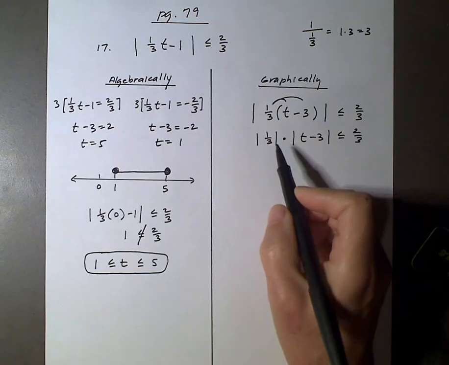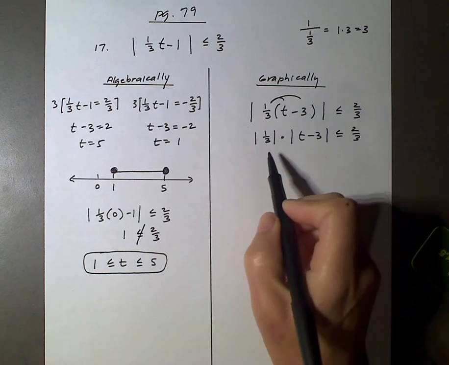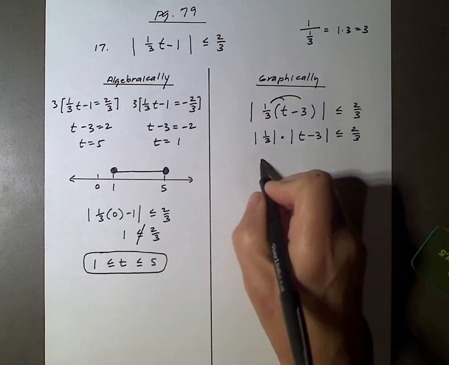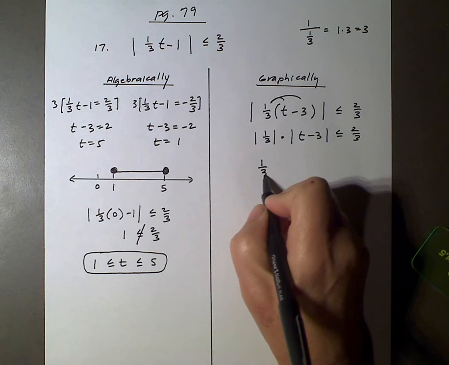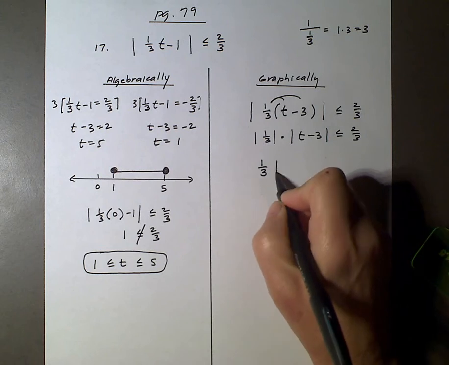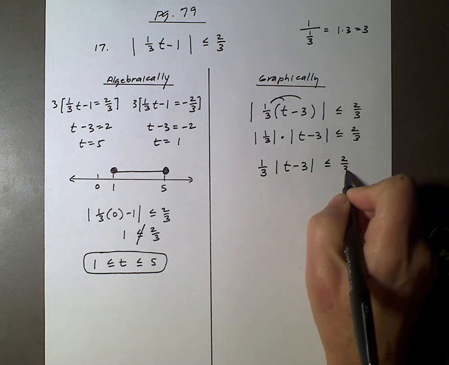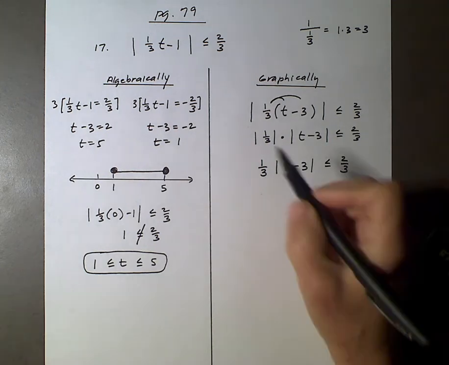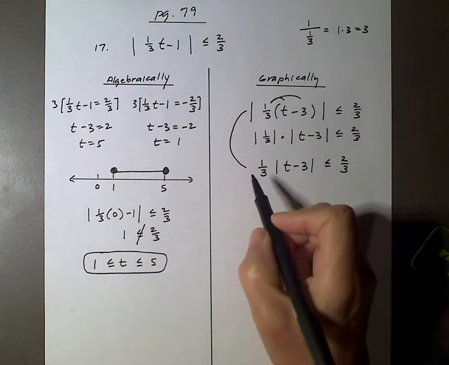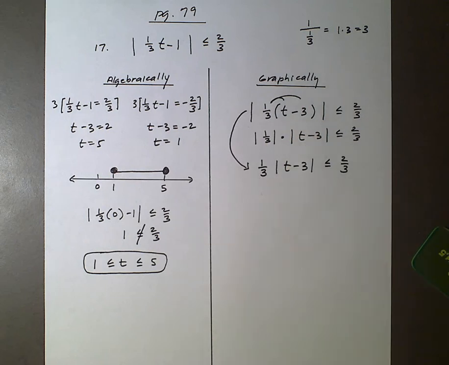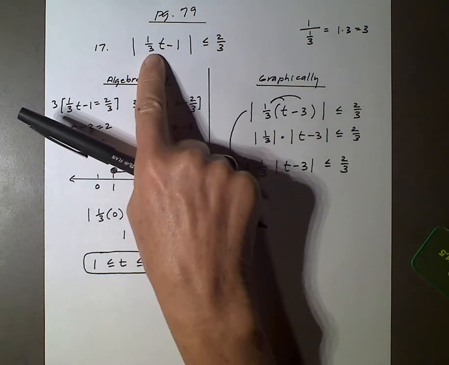So there's no variable here. This is just the absolute value of 1/3. It's a number. So I have 1/3 times the absolute value of t minus 3 is less than or equal to 2/3. Now, when you get this step, you can actually just go straight from the first step to here, or straight from here to here.